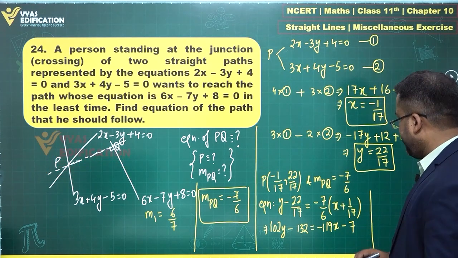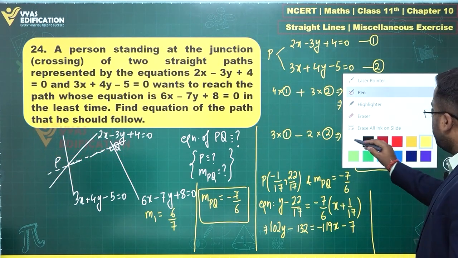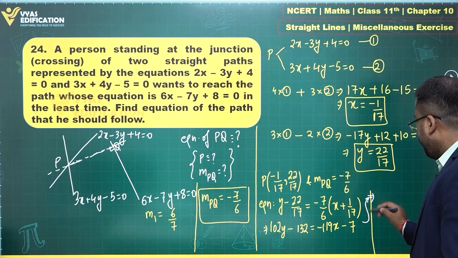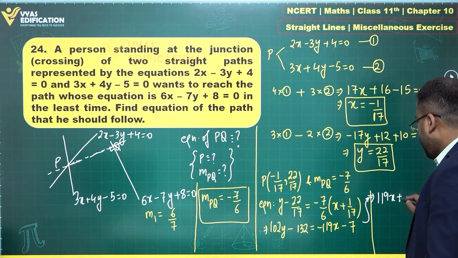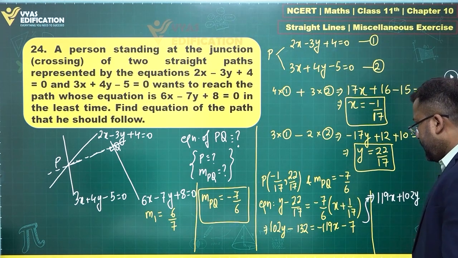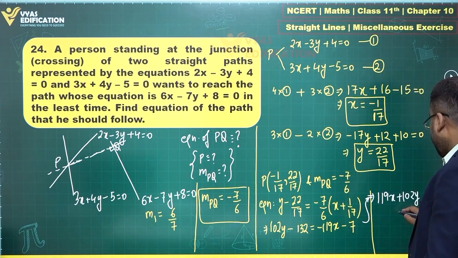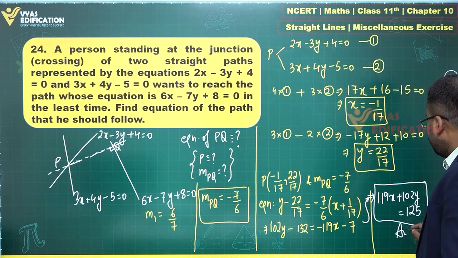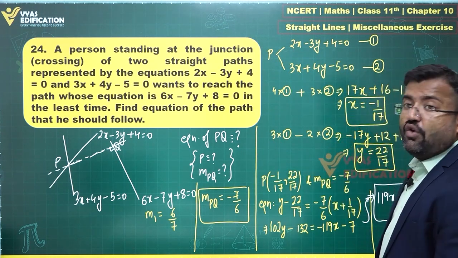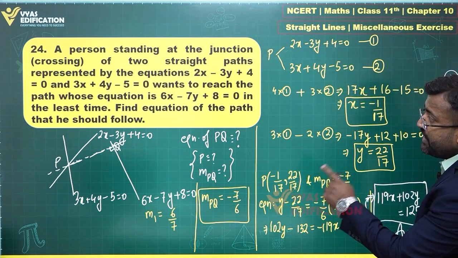So this equation finally converts to 119x plus 102y equals 125, as I observe. This is the required equation of the path that he has to follow for minimum time.